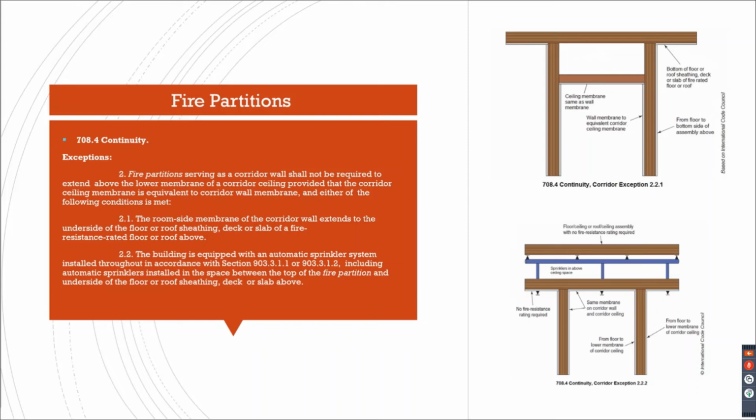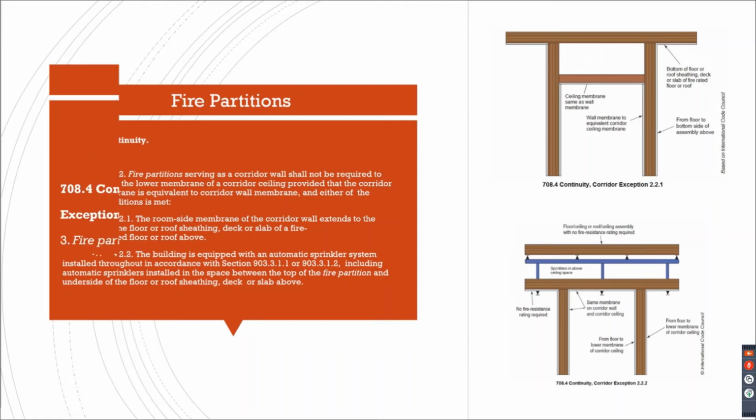And then 2, the building is equipped with an automatic sprinkler system installed throughout in accordance with 903.3.1.1 or 2, including sprinklers installed in the spaces between the top of the fire partition and the underside of the floor or roof sheeting, deck, or slab above. That's your visual on the bottom. So both above that ceiling portion would have to be sprinklered, and of course below the ceiling.